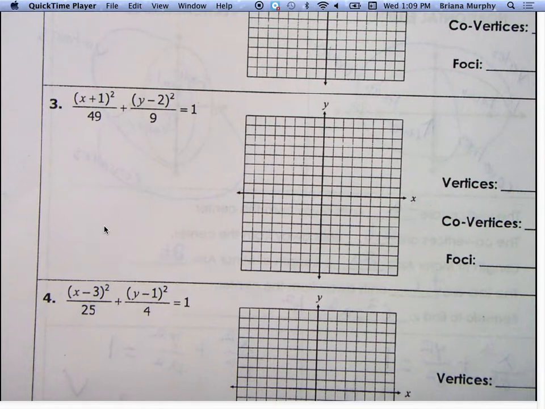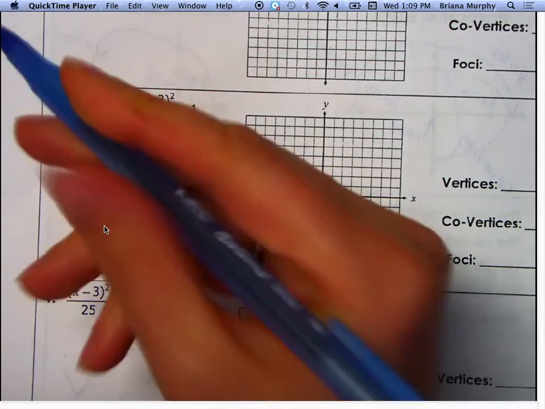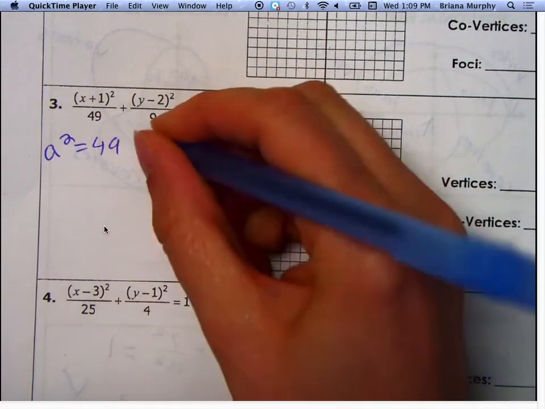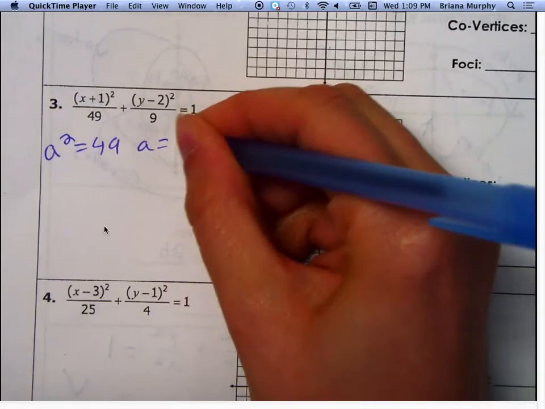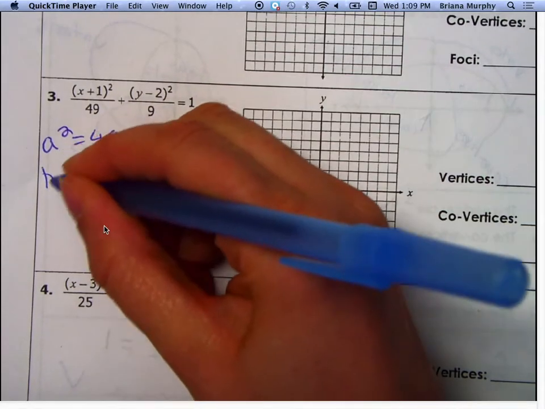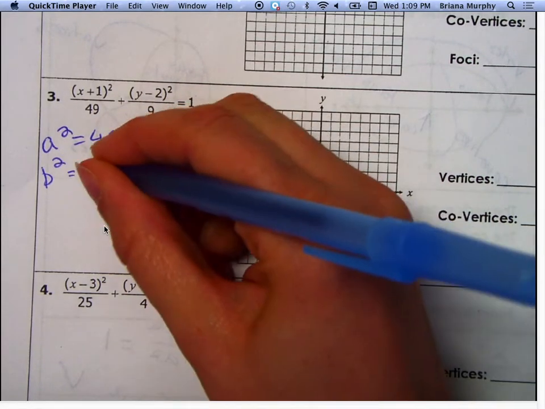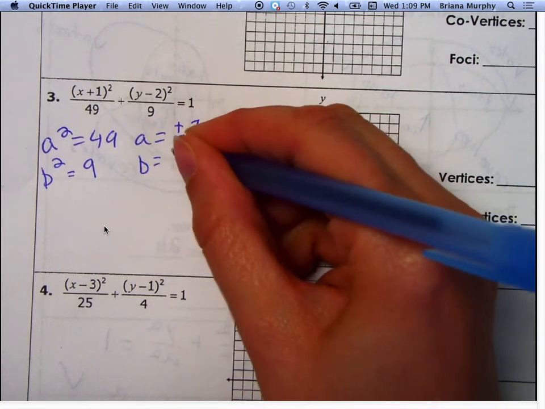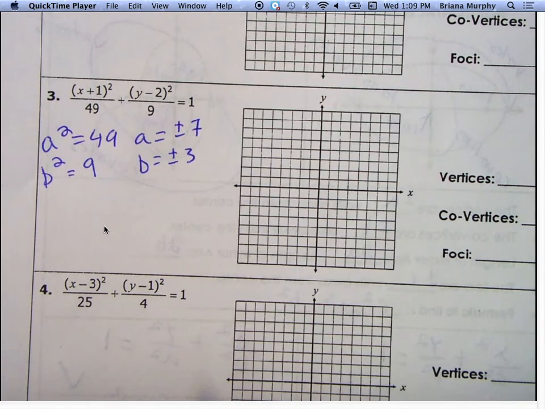Which one is A? We're doing number 3. 49. A squared is 49, so A is plus or minus 7. So B squared would have to be 9. And so B would have to be plus or minus 3.